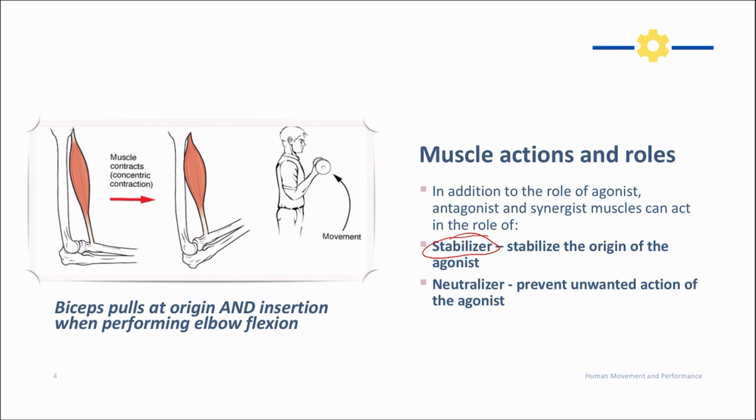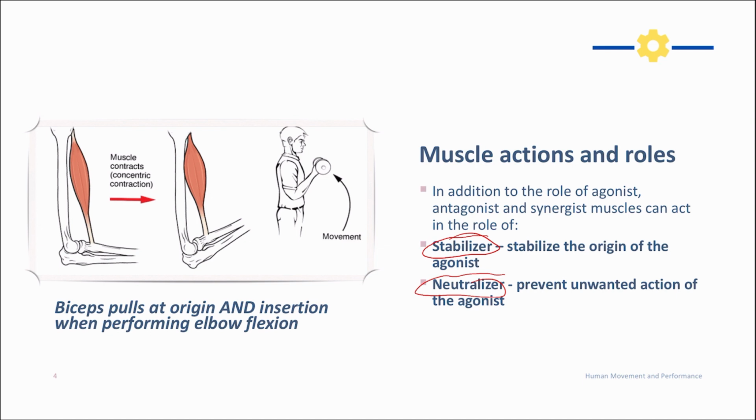And then another role, as I mentioned earlier, which often is linked to the synergist role, is what's called a neutralizer. When a muscle acts as a neutralizer, as I said on the previous slide, it prevents unwanted action of the agonist. So in the case of a bicep curl, remember the biceps does shoulder flexion, elbow flexion, and forearm supination.